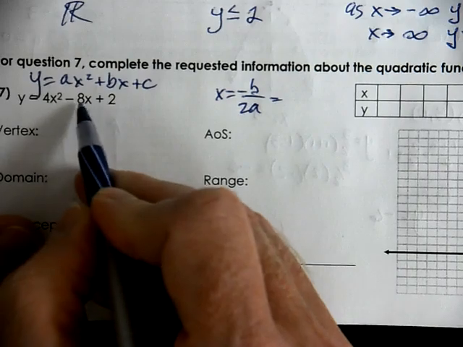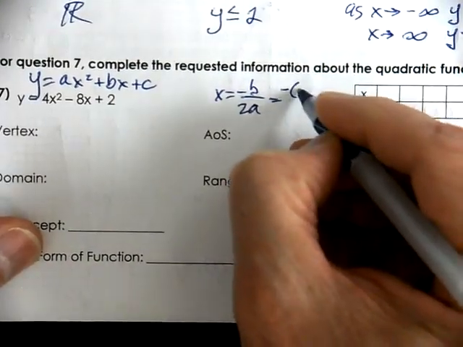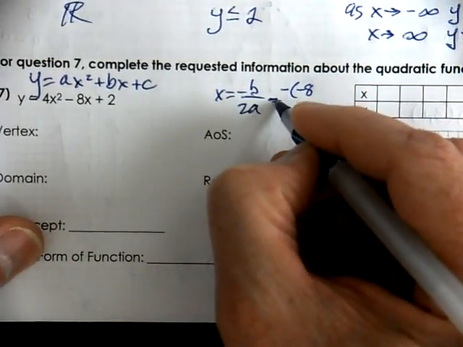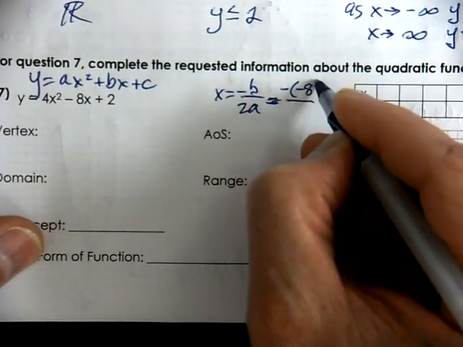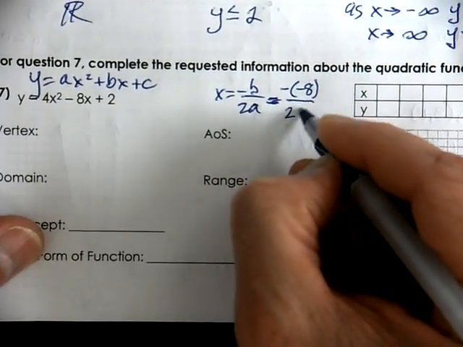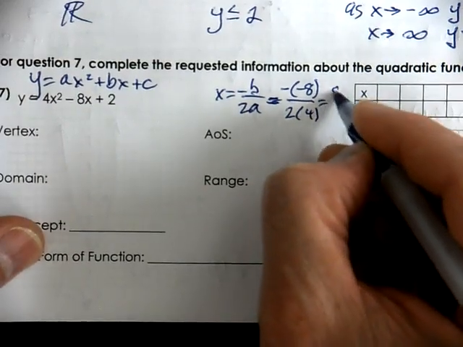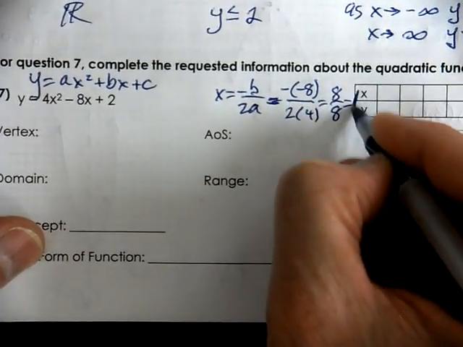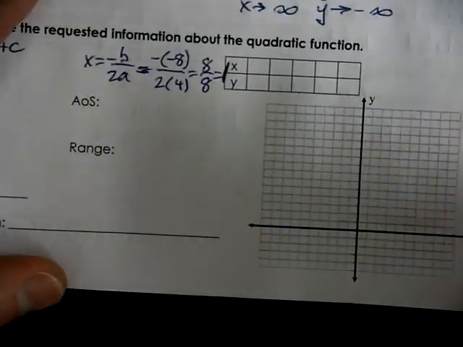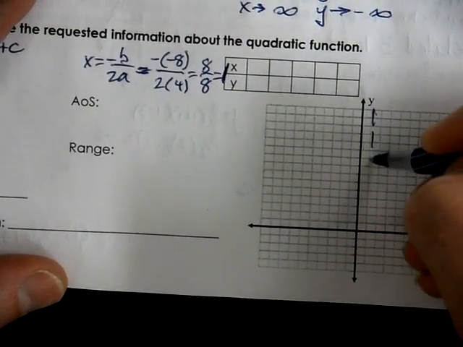Here I have a b value of -8. So -8 over 2 times a. That's 8 over 8, which is 1. So I have a line of symmetry at 1.